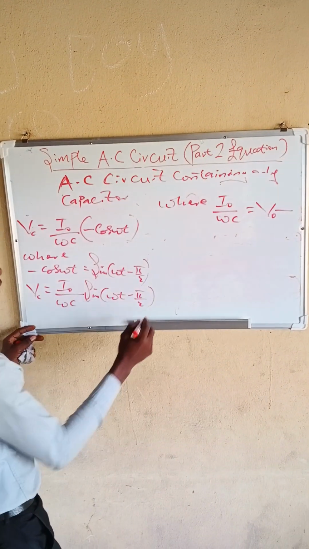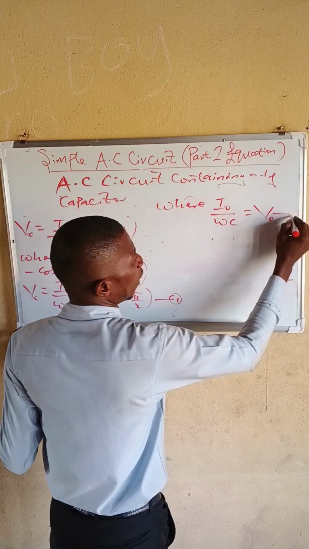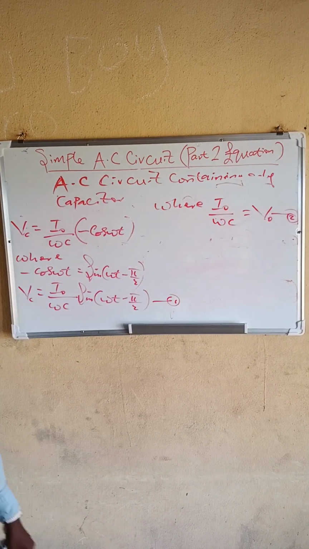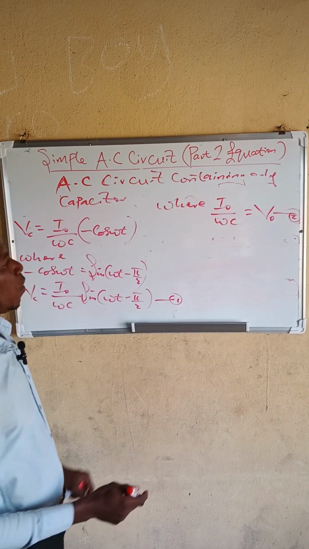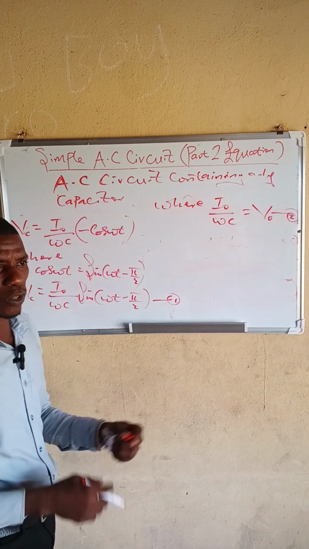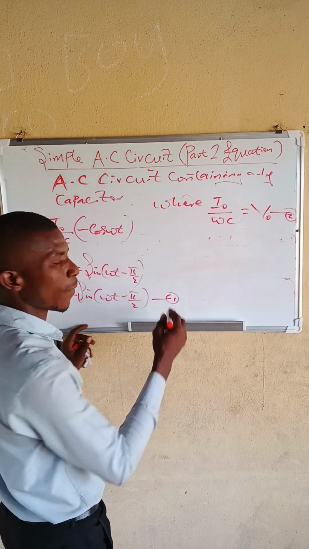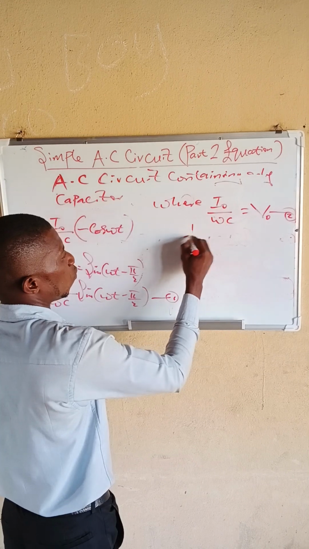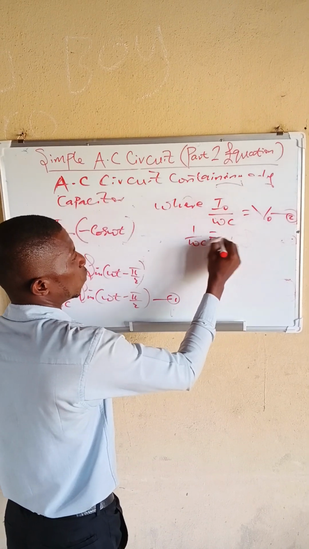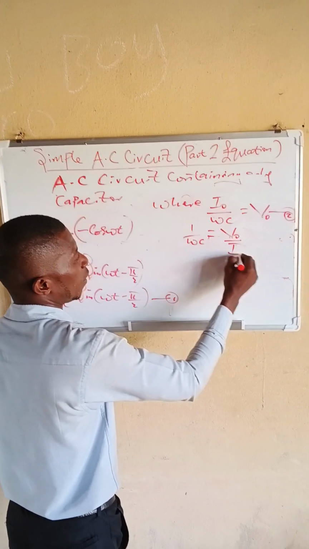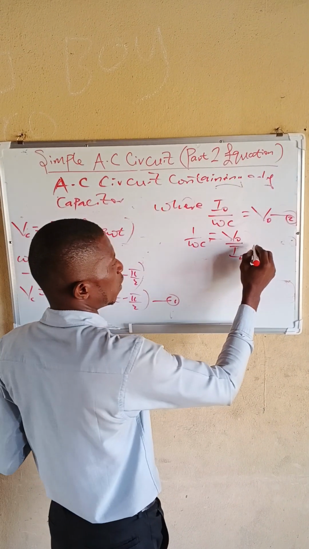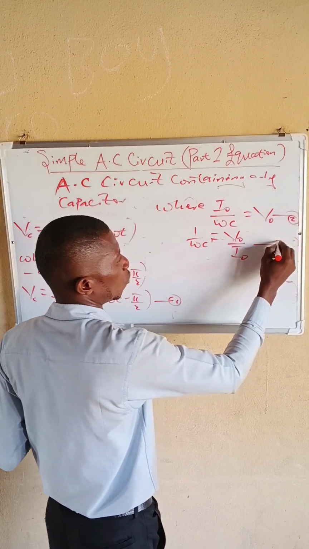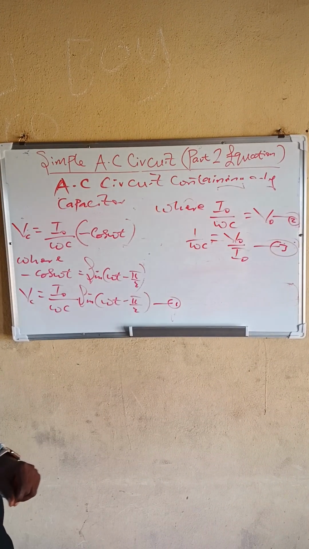Call this equation 1 and call this equation 2. So equation 2 can also be rearranged in this form. I can have 1 over omega C equal to V naught over I naught. Call this equation 3.